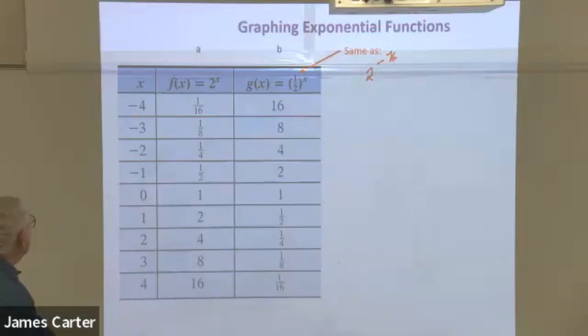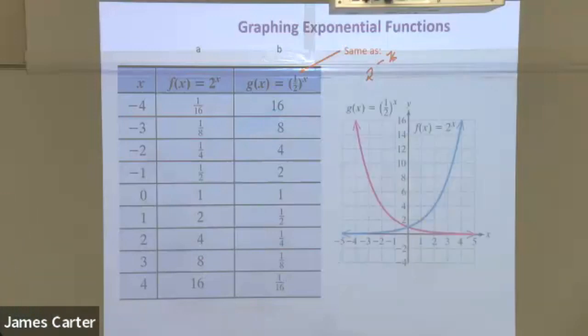Here are the basic 2 to the x, and here are the (1/2) or 2 to the negative x. You notice these are just reversed. Okay, and there are the two graphs. Basically all that negative does is flip it across the y-axis.